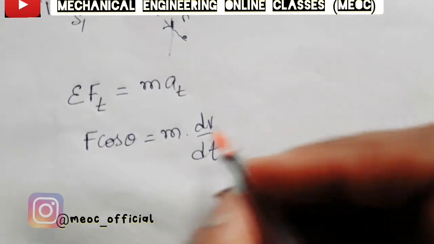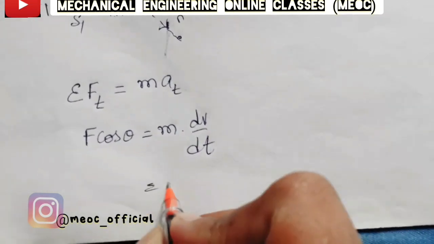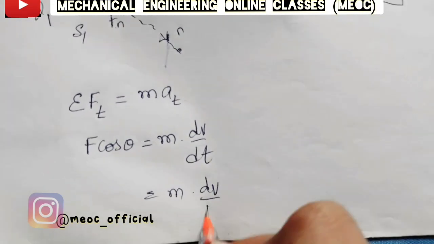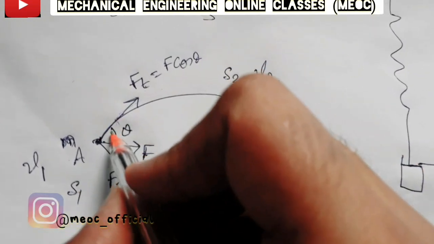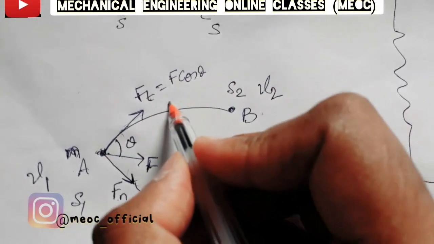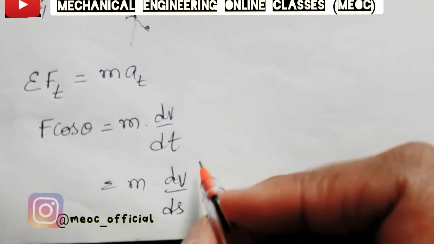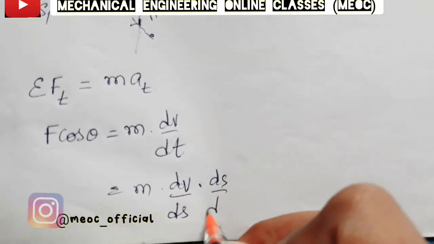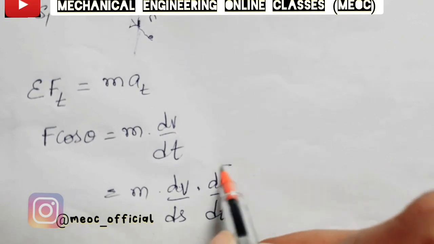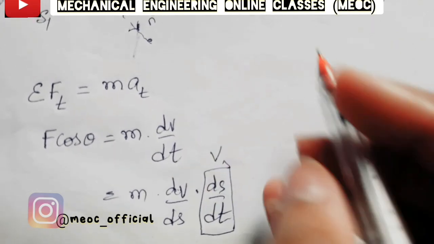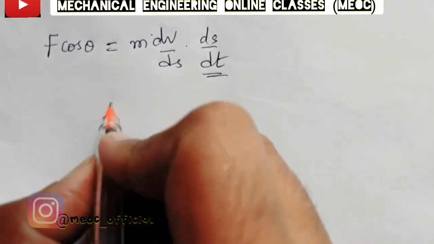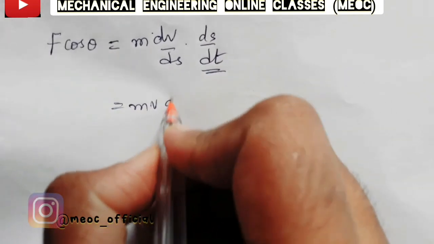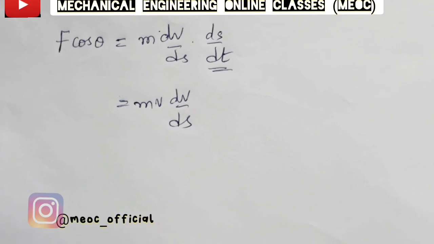By chain rule we can write this dV by dt as dV by ds times ds by dt, because the displacement between A and B is some ds. This ds by dt is nothing but V. So we can write this as m v dV by ds, and this is F cos theta.